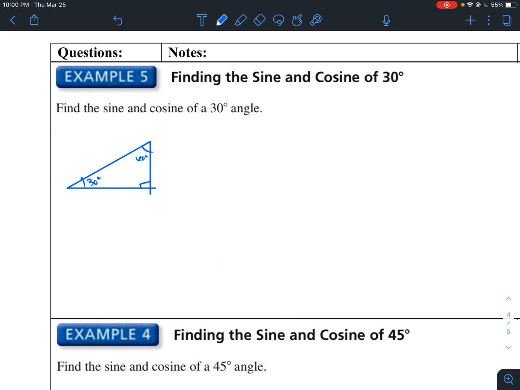Now if you remember the ratios, the thing about finding the sine, cosine, and tangent of special triangles is that no matter the side length, no matter the size of these triangles, every 30, 60, 90 triangle shares the same sine, cosine, and tangent ratio. It will always be the same.